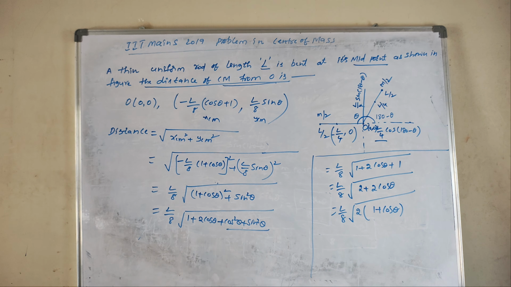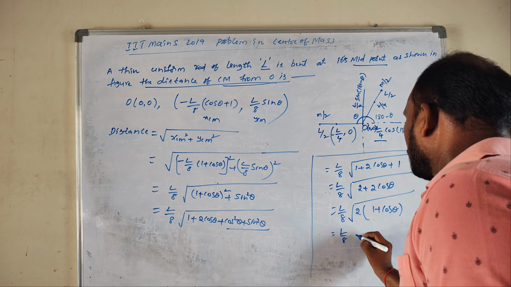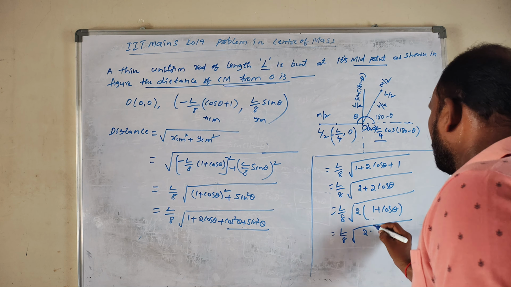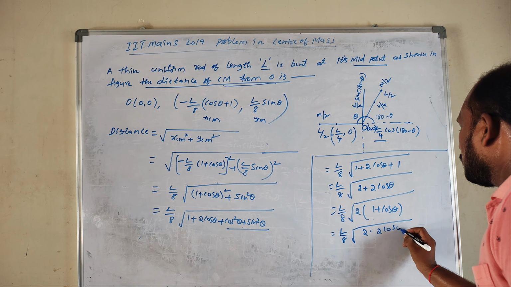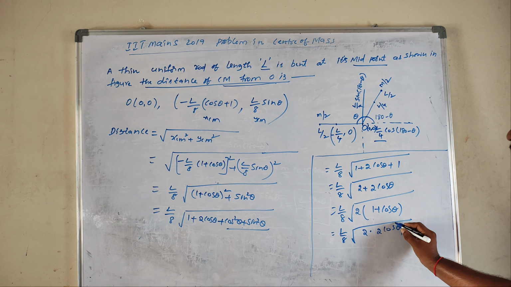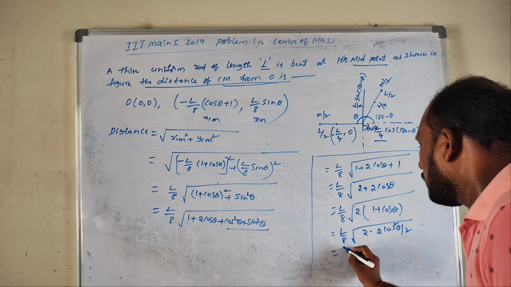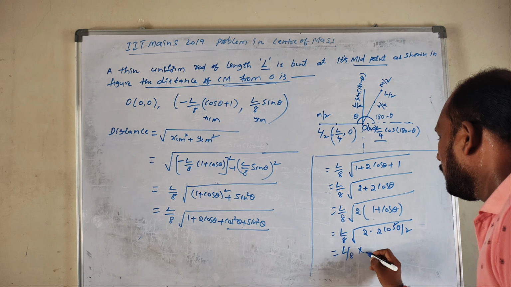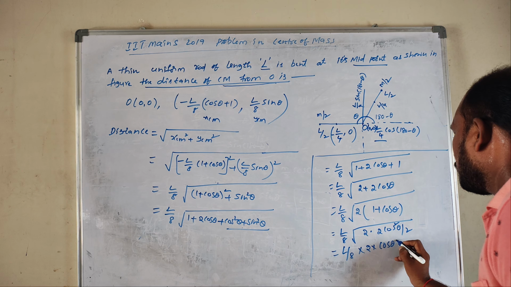So L by 8 root of, I am taking 2 as common, 2 into (1 plus cos theta). So we know, guys, in trigonometry one of the formulas: 1 plus cos theta equals 2 cos square theta by 2. So L by 8 into root of 2 into 2 cos square theta by 2. Cos square theta by 2 under the root means cos theta by 2.